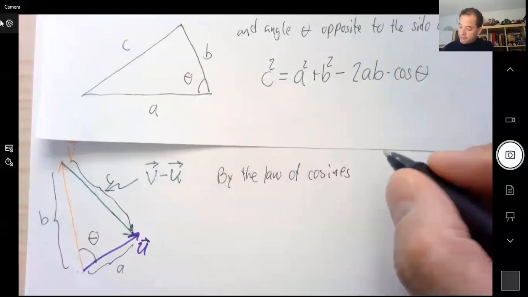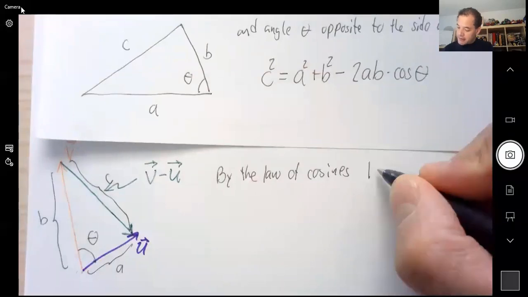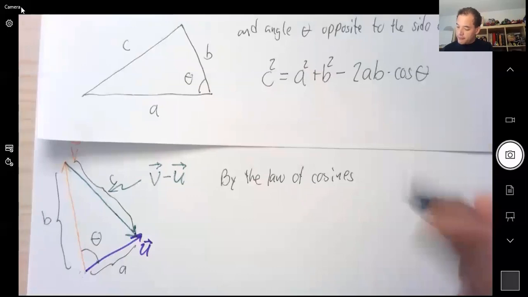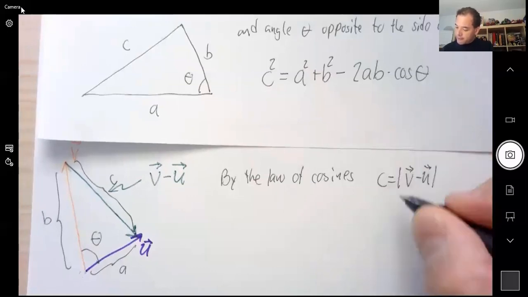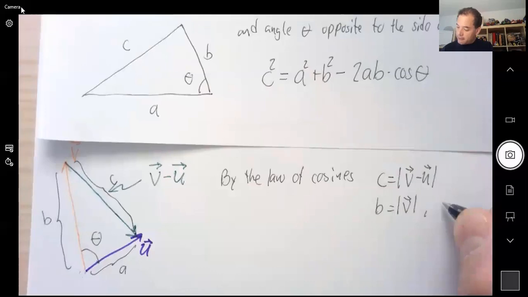So what I mean to say here is that, writing it the other way around, C will be the magnitude of V minus U, B will be the magnitude of V, and A will be the magnitude of U. All right?